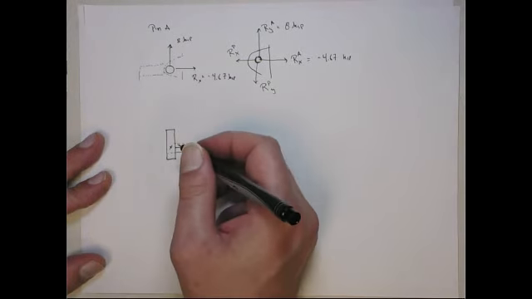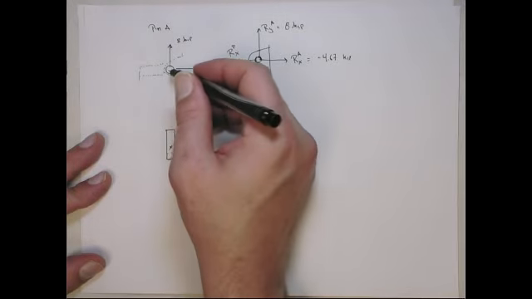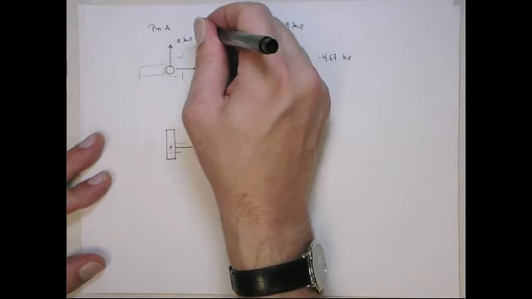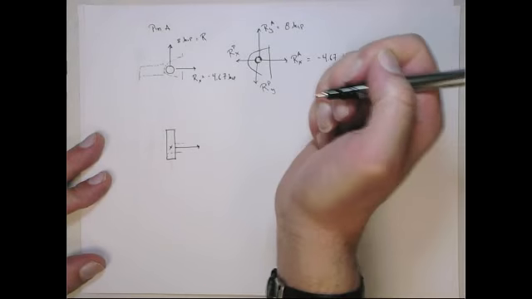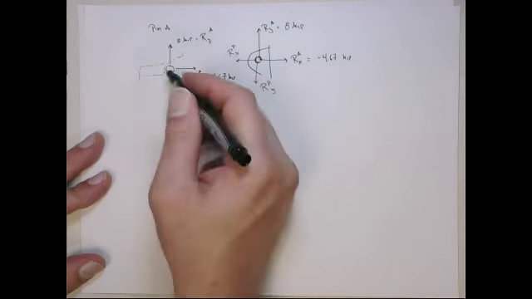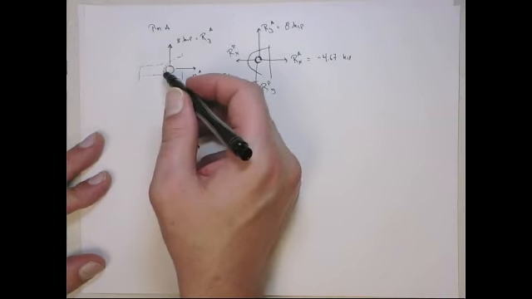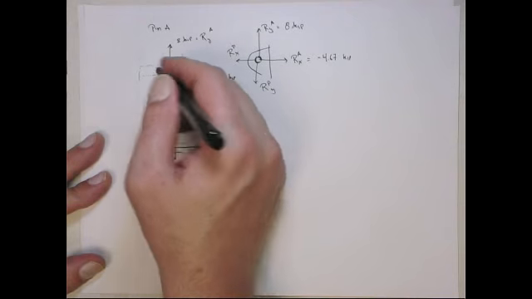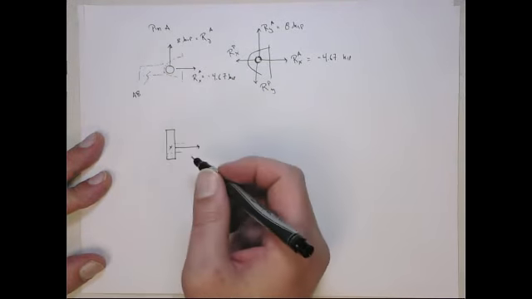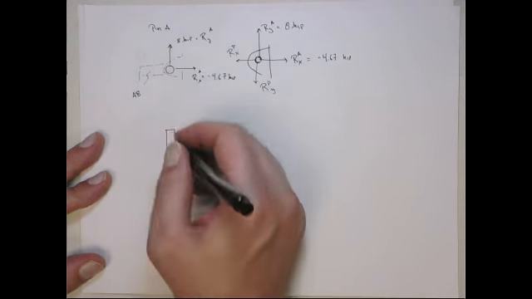Also acting on the pin are the contact forces from member AB. Again, those are going to have to balance out.